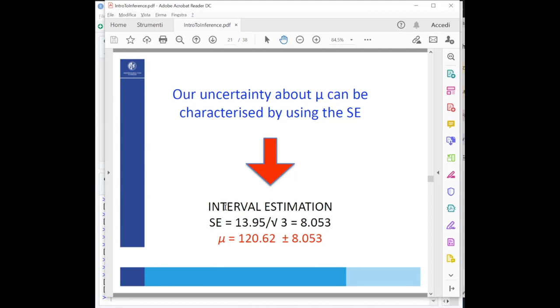In this case, I used just a multiple of 1, but then I can increase my uncertainty interval. Right?